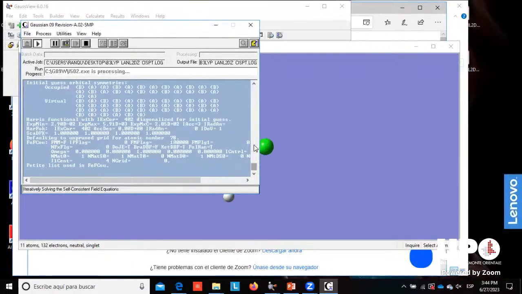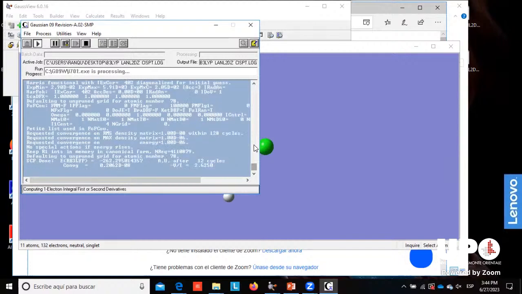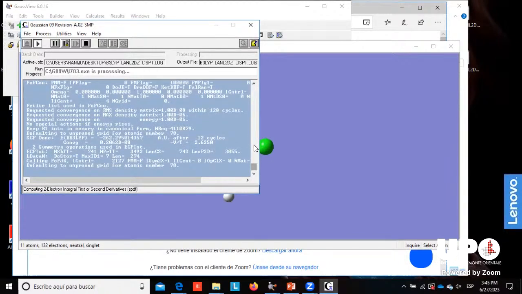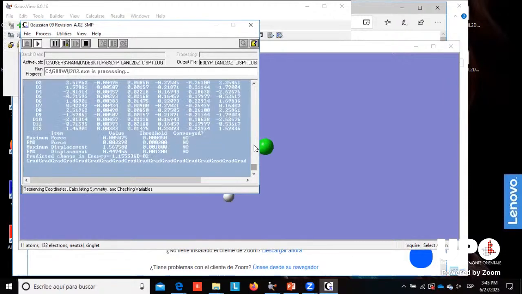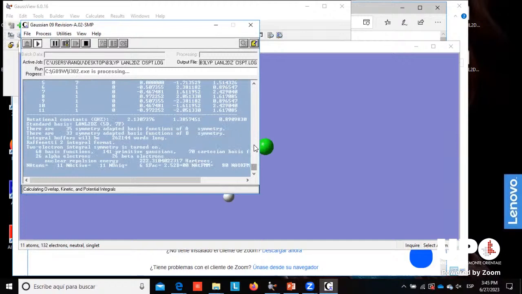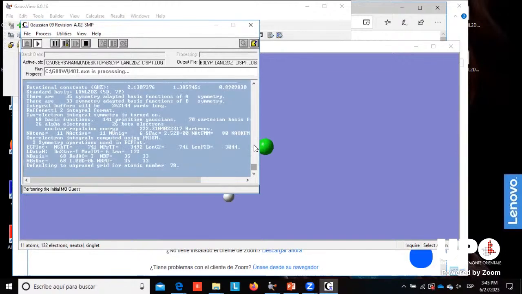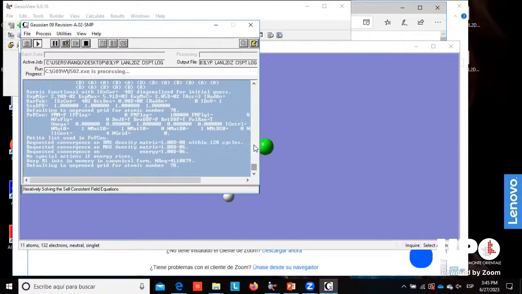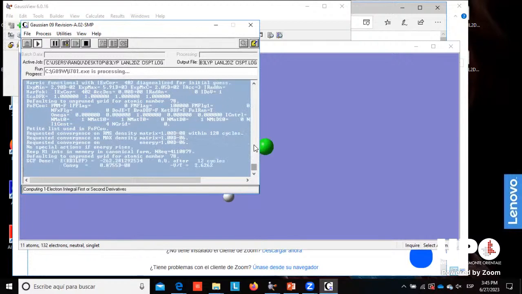So this is a square planar. Just thinking that another thing that we could do is to look at the molecular orbitals. That's something that we didn't do. Since it is a square planar molecule, the LUMO should be like a dx squared minus y squared orbital, right?